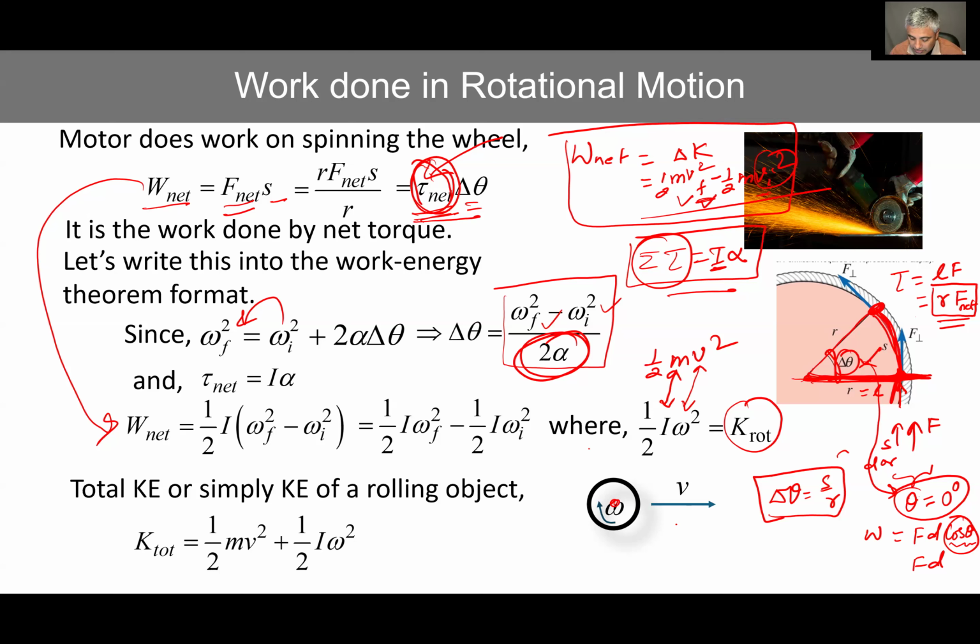That's why in some books you may see it written as the speed of the center of mass of the object. Okay, so remember now, kinetic energy means two possible kinetic energies. One translational, another one rotational.